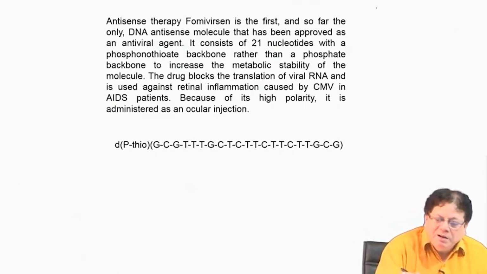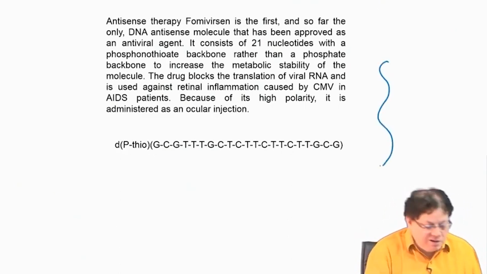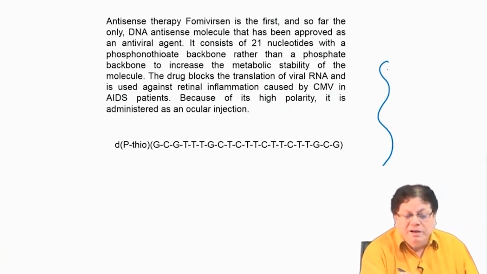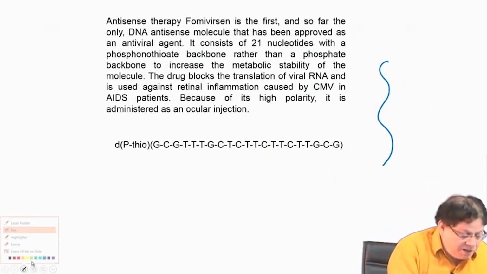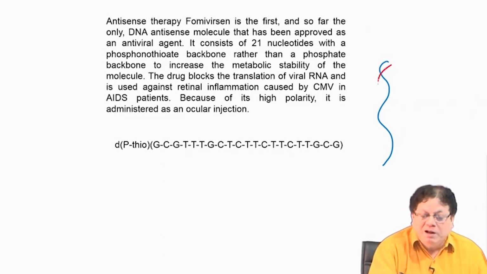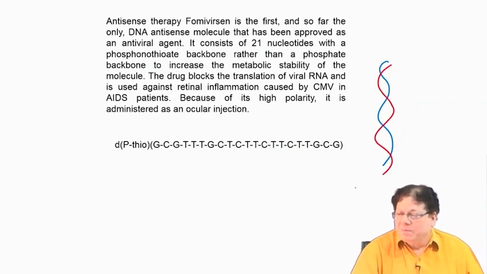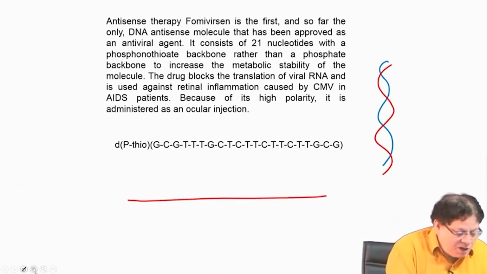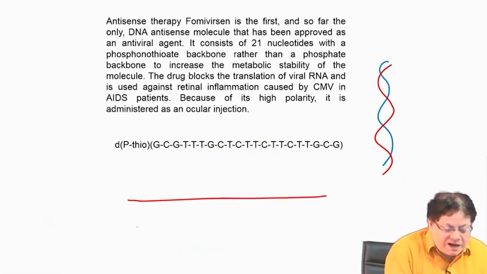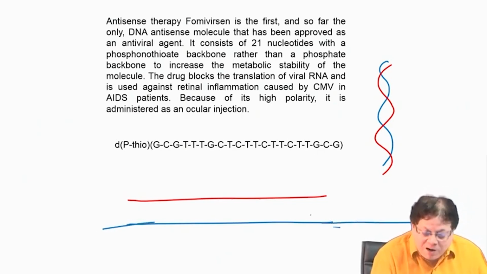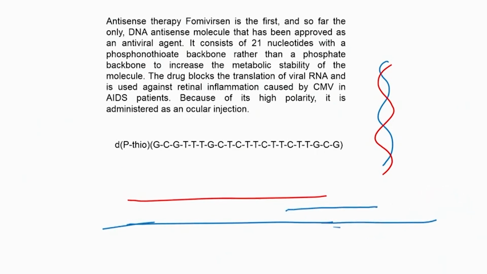So, what will happen? Suppose this is the sense strand of the mRNA. From outside you are giving the complementary strand of the RNA. So, the RNA will now form a double stranded RNA. Or if I write it in linear fashion, suppose this is the sense strand and I make a part of antisense, suppose this.